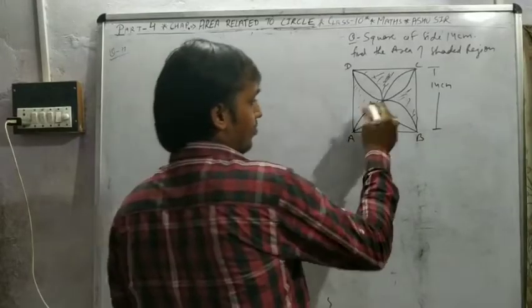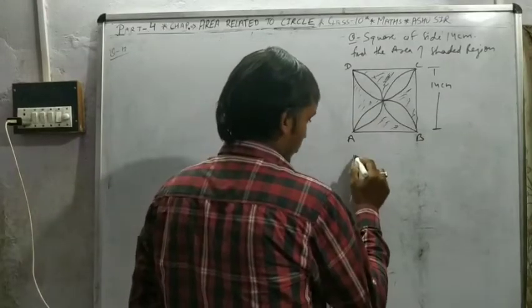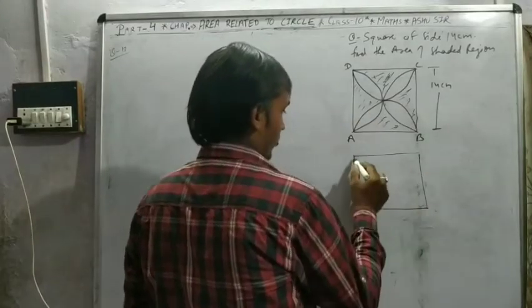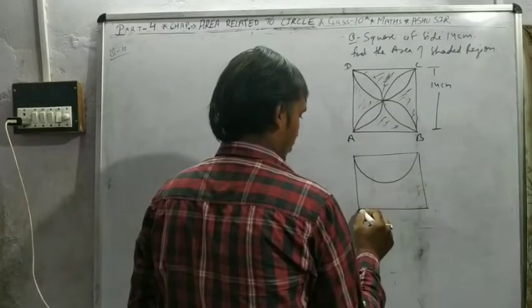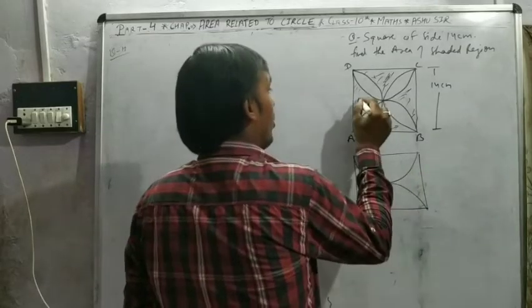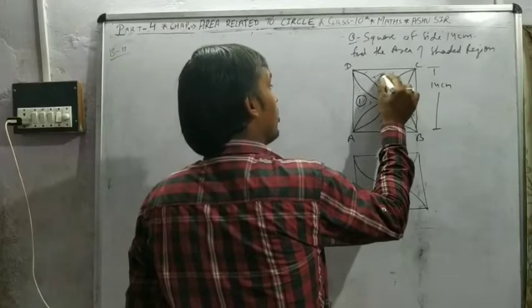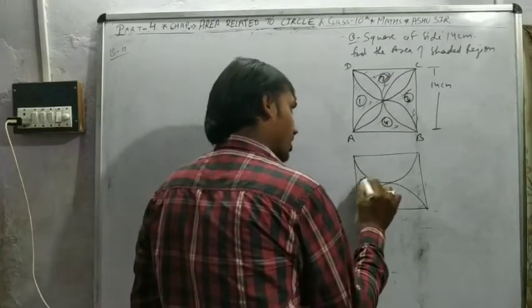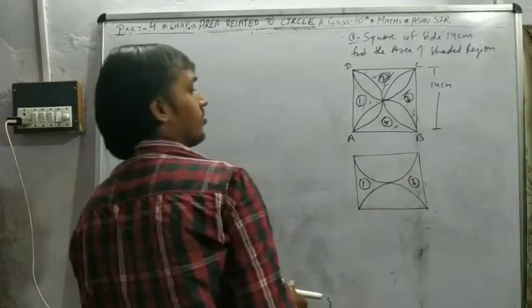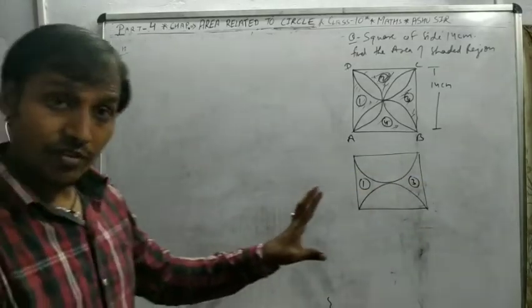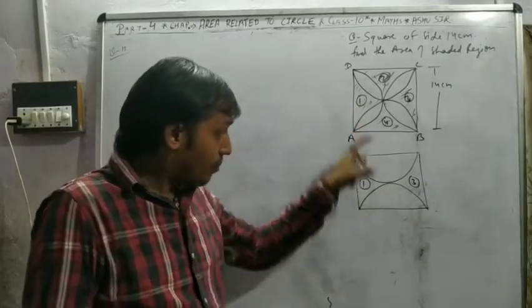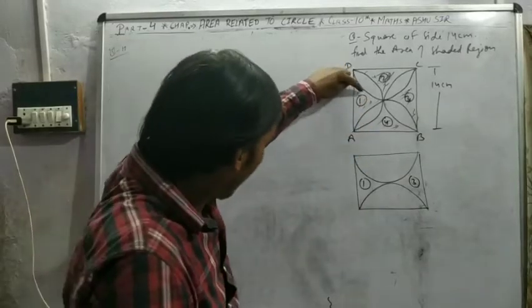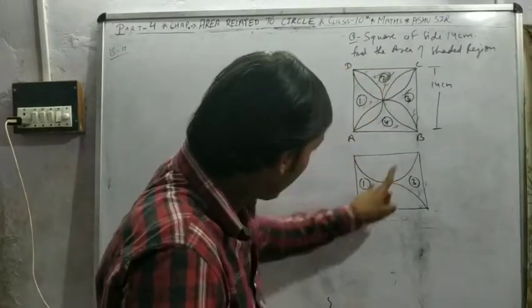If I say one, 2, 3, 4, so this part is 1 or 3. See the figure. Now say I only break the figure. You have to see this line and this line, 1 and 3.